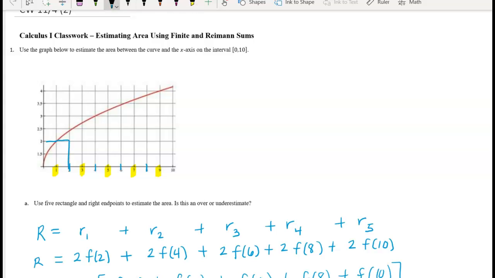So here's rectangle 1. Rectangle 2 is here. Here's the third one. Ours are 4. And then the 5th.